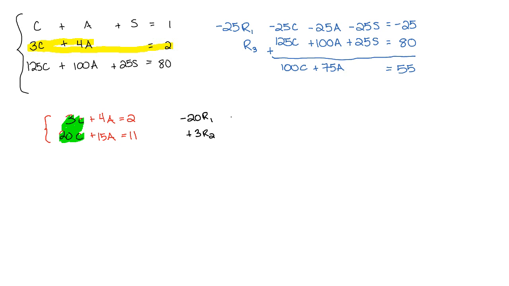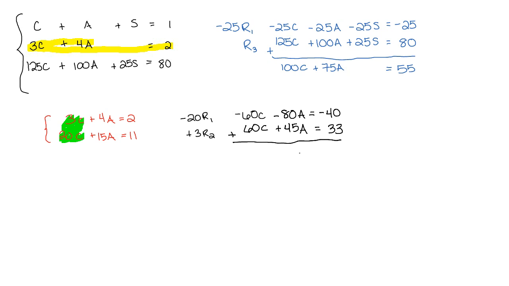Negative 20 row 1 is going to give me a negative 60c. Let's see, negative 20 times 4 is negative 80a, and negative 20 times 2 is negative 40. And then 3 times row 2 will give me 60c plus 45a is equal to 33.